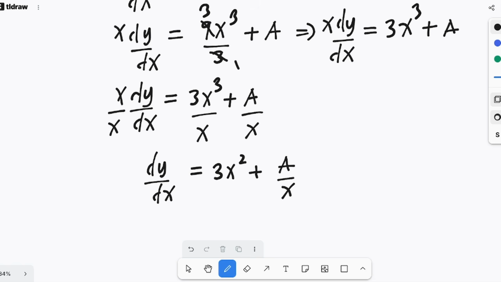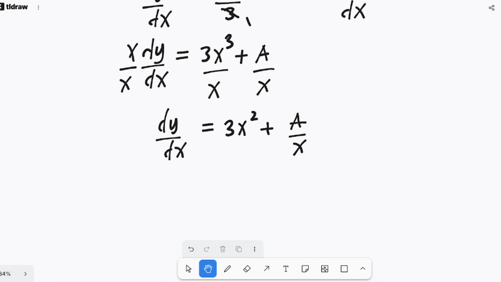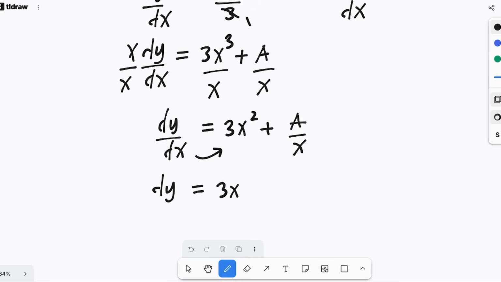The next thing is to multiply the other side with dx and integrate accordingly. So we shall have dy is equal to 3x squared dx plus a over x dx.